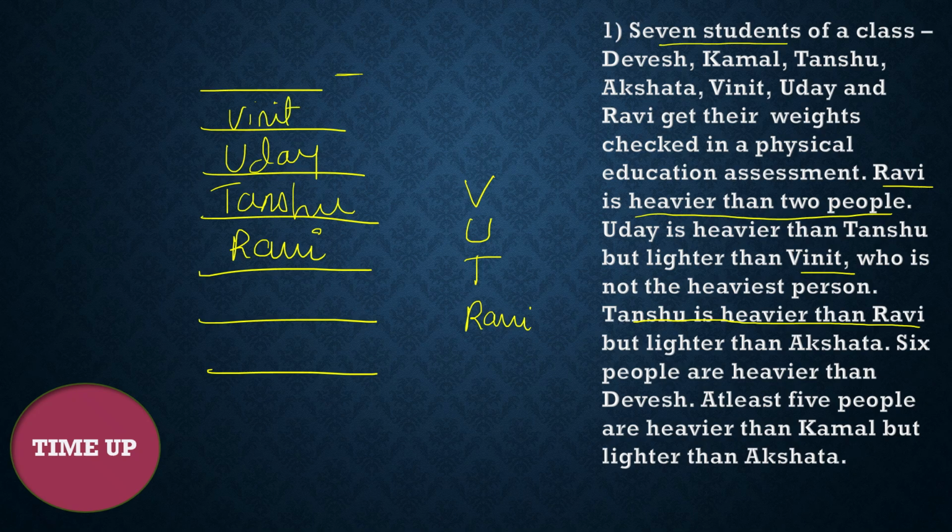Tanshu is heavier than Ravi but lighter than Akshata. So if Tanshu is lighter than Akshata, only one place is left. So Akshata will be here. Correct?